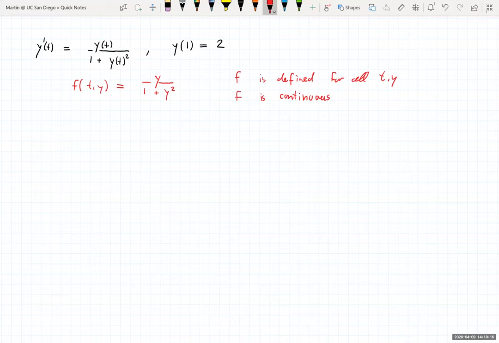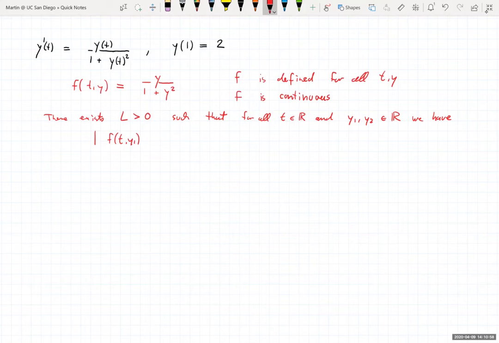So it remains to check, in order to get this existence and uniqueness result for all times, that there exists L such that for all times t and y1, y2 from the real numbers, we have that the distance of f(t, y1) and f(t, y2) is bounded from above by L times |y1 minus y2|, an absolute value.